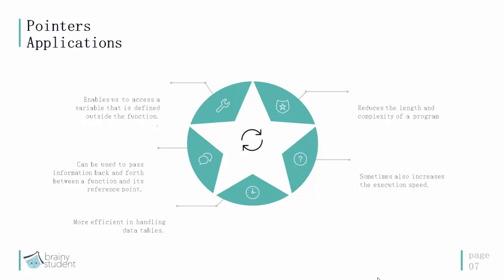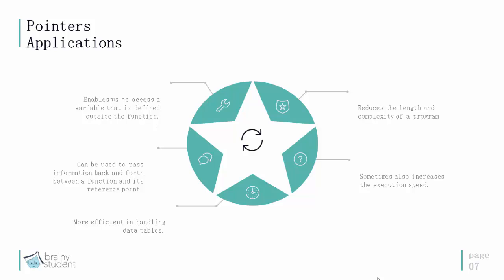Then it can be used to pass information back and forth between a function and its reference point. We all know that we are using functions so that our coding will be easy. We need not type again and again, and we don't want to waste so much time. That's why we are using functions. Whenever we want to repeat something, or whenever I need to execute the definition of a function, I have to call the function, right?